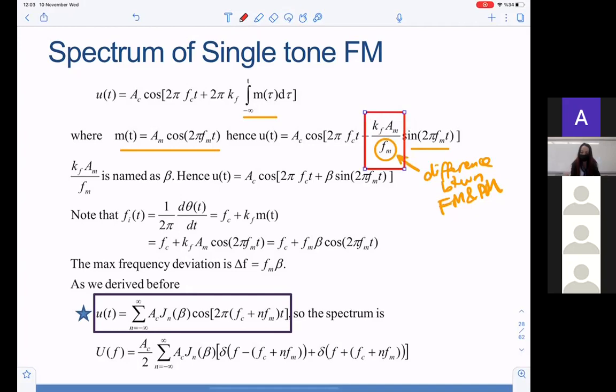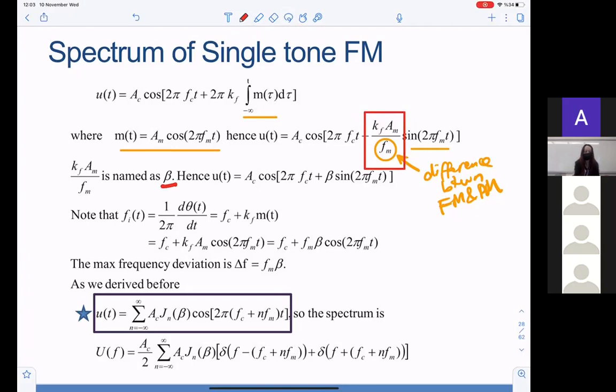All right, now let's take a look at this multiplier here that is going to be important to us because we will give it a name. We will call this beta. It's the multiplier in front of the sinusoid, KF AM over FM. AM is the amplitude of the message signal.